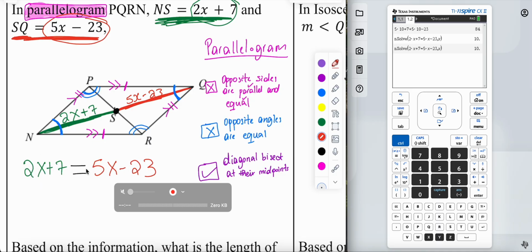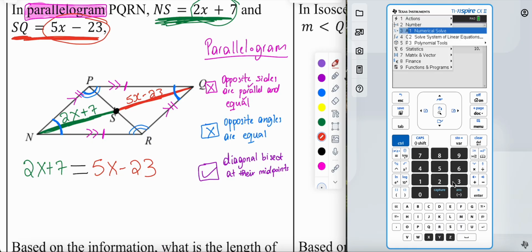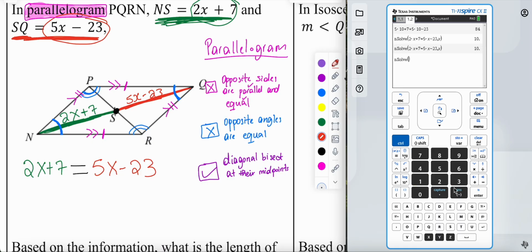When we have an equation, we can use menu 3-1 to solve, because we want to work out the value of x. So we're going to go to our calculator and do menu 3-1. You put in 2x plus 7 equal 5x minus 23.